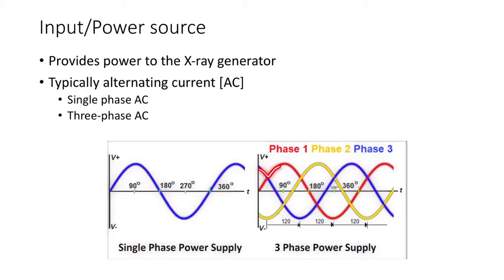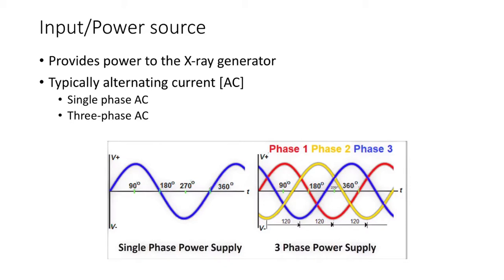This kind of decrease and increase, this kind of wave, is known as a ripple. It's not ideal, but it's better than going from the peak all the way back to the zero. So although we're not operating at a maximum point here, we are at least keeping our power quite high. So these are the different kinds of supplies that we can expect from our power source.